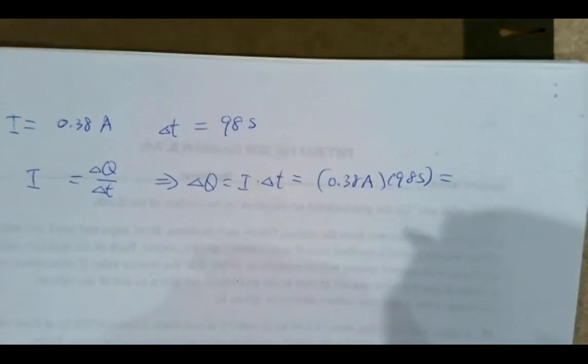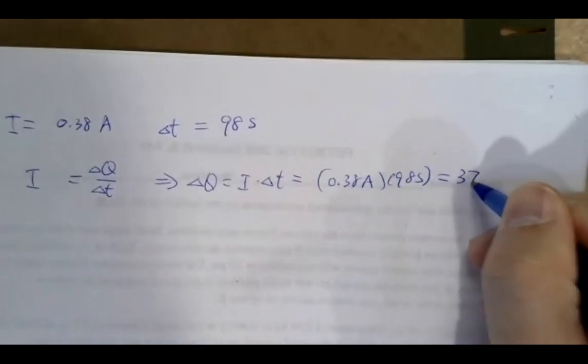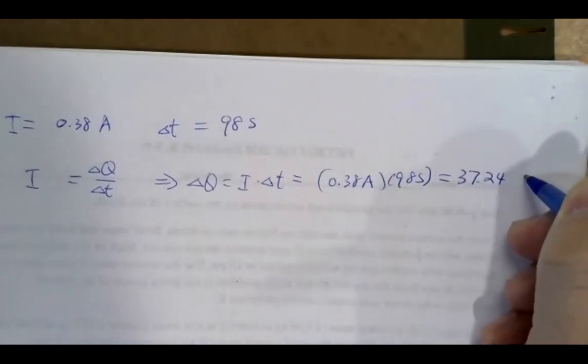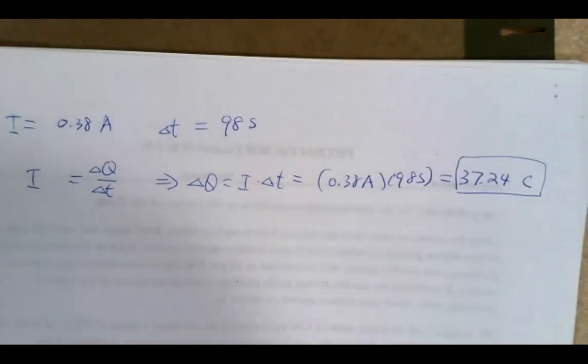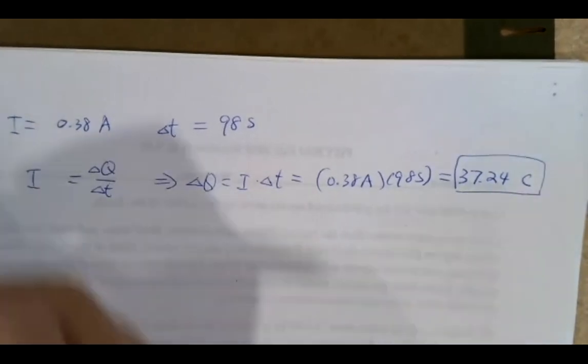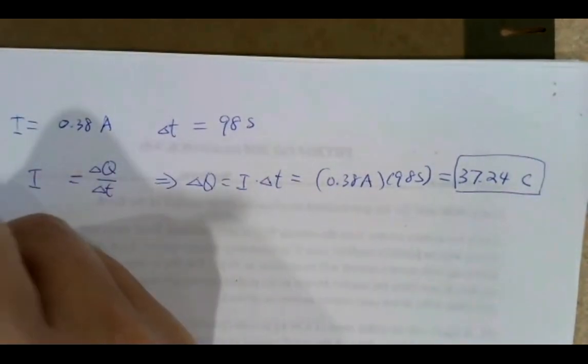It will be roughly 37.24 coulombs. If you want to keep 2 sig figs, then just 37 coulombs for that first question.